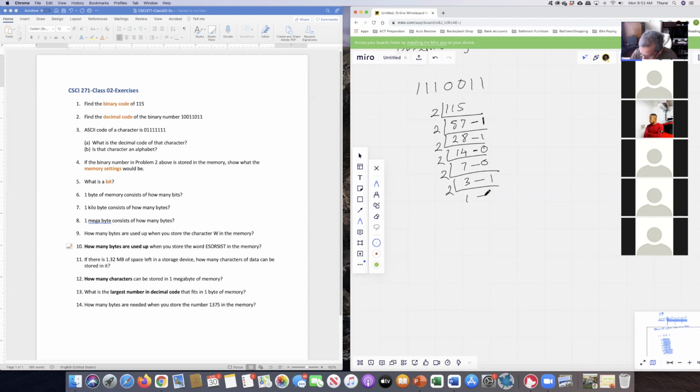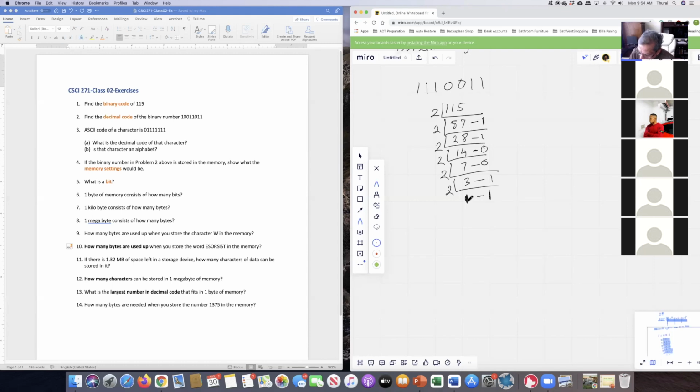At the last step, 2 goes into 3 1 time with the remainder of 1. You still have to write the remainder. So now we have finished. When the number is less than 2, that's when we stop. The number has become 1, so we stop.